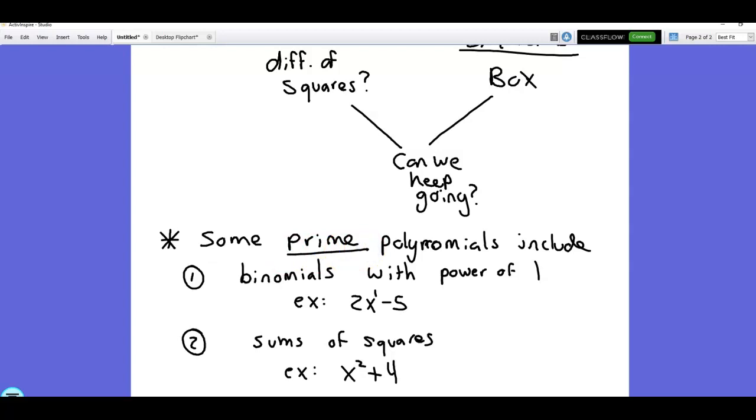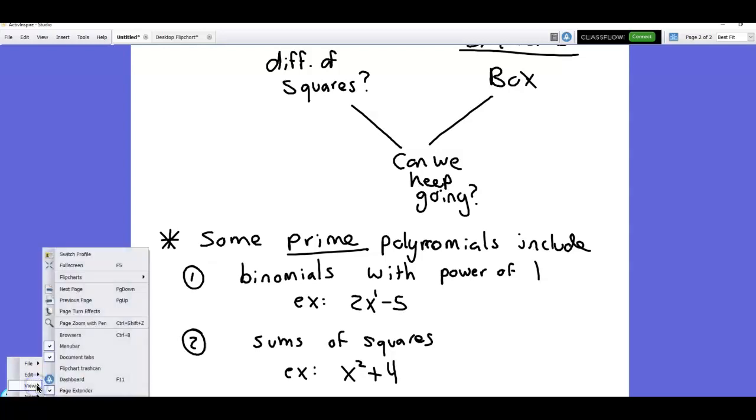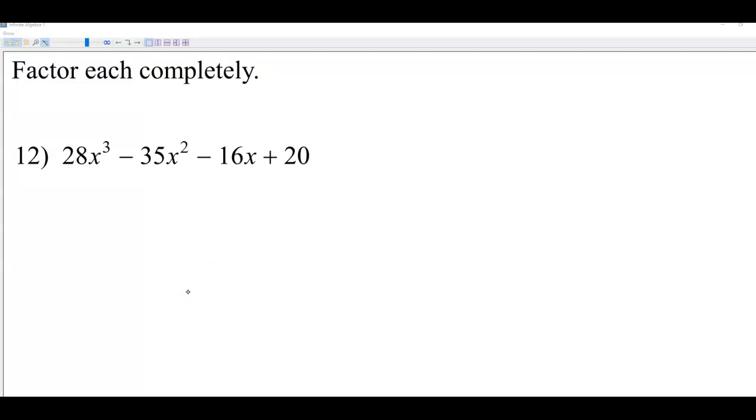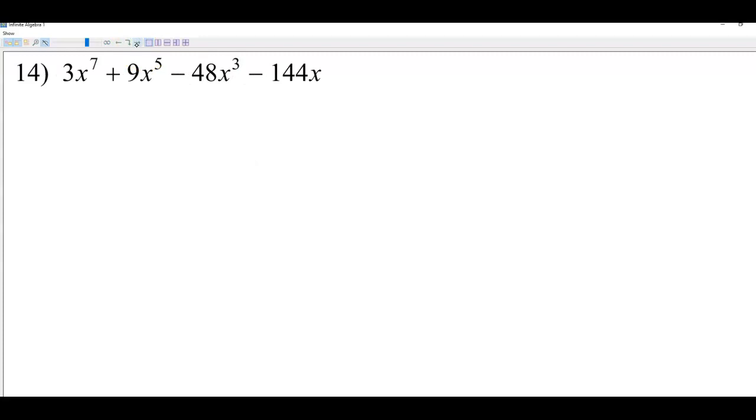All right, so we're going to do some general strategies for factoring now. I'm just going to give you a polynomial, and it's going to be our responsibility to factor it completely. I think this is the first one where we need to do that.